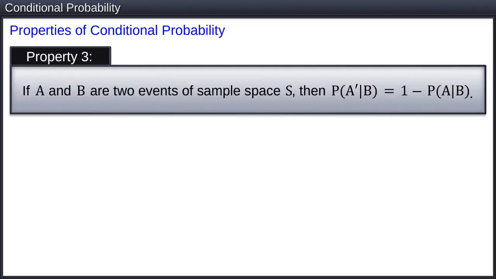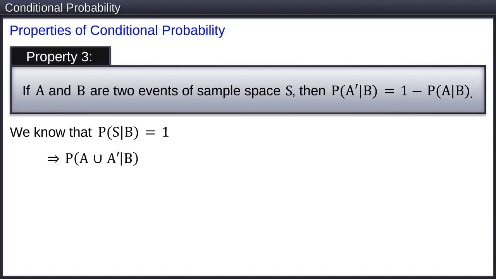Another property says that if A and B are two events of sample space S, then the probability of A complement given B is equal to 1 minus the probability of A given B. We know the probability of S given B is equal to 1.